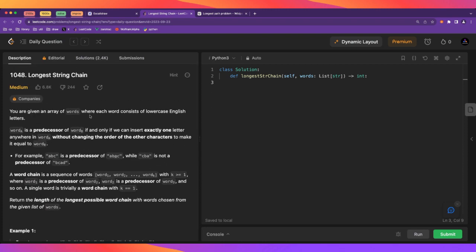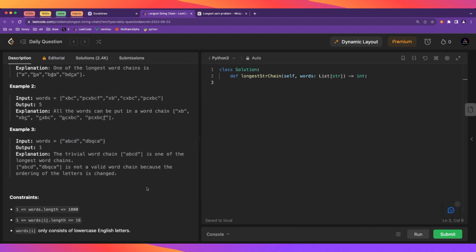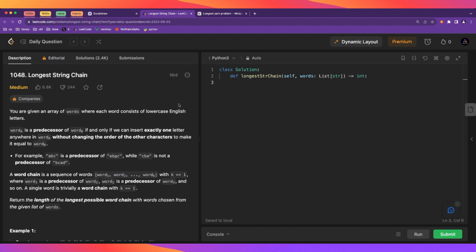So that suggests that this is probably not a general graph, because otherwise we could not solve it. And indeed, if you think about it, because of the rule for predecessors, we always go from a word of length L to a word of one more character.